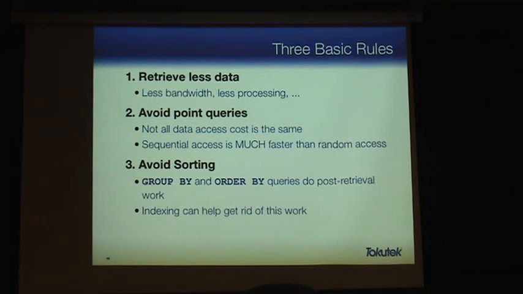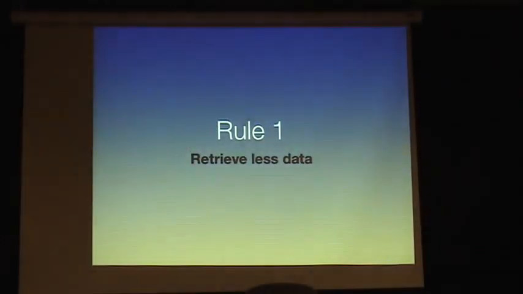Select some c where b is greater than 50. To figure out the value of c, it had to do a point query into the main dictionary. Okay. And for each of those rows, it was picking it out. Got it. The third one, avoid sorting. Group by and order by queries do a bunch of post-retrieval work, and indexing can help get rid of this work. So the first rule, retrieve less data.